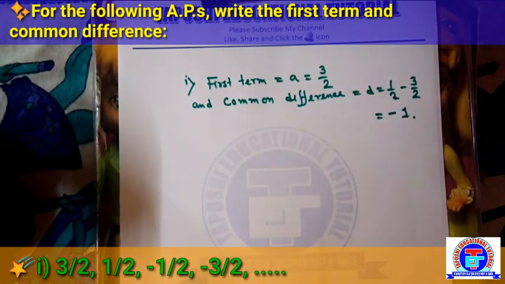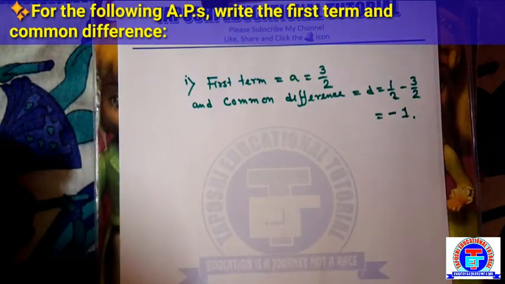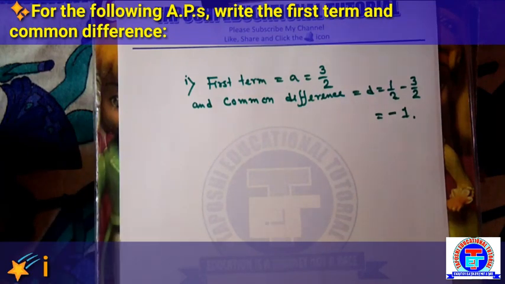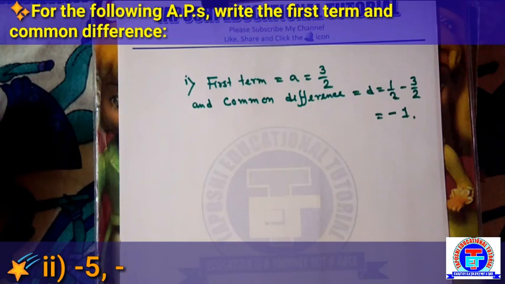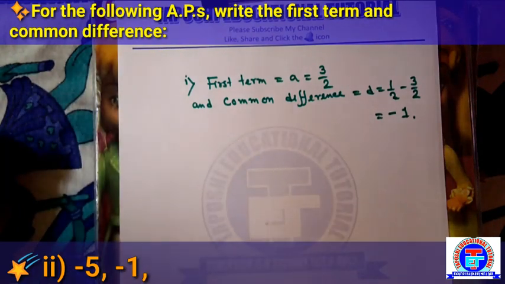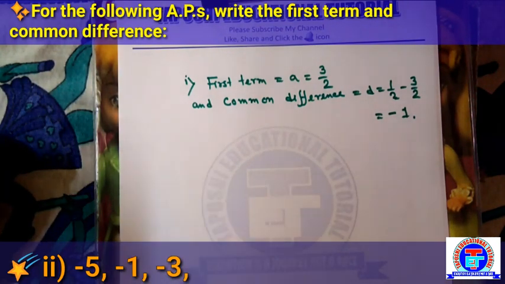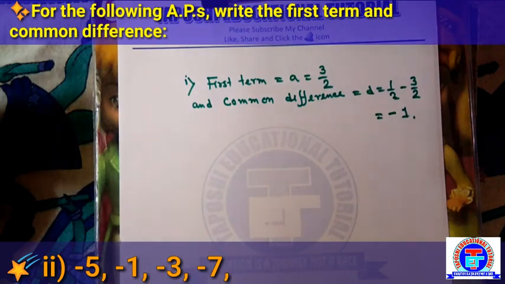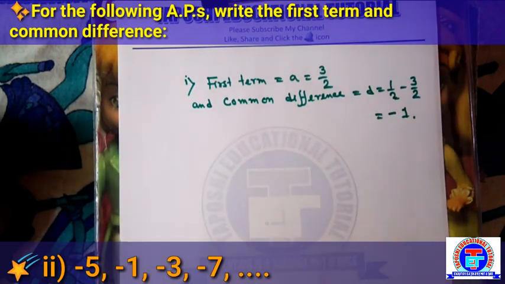Now another problem is here. The following AP: minus 5, minus 1, minus 3, minus 7, and so on.